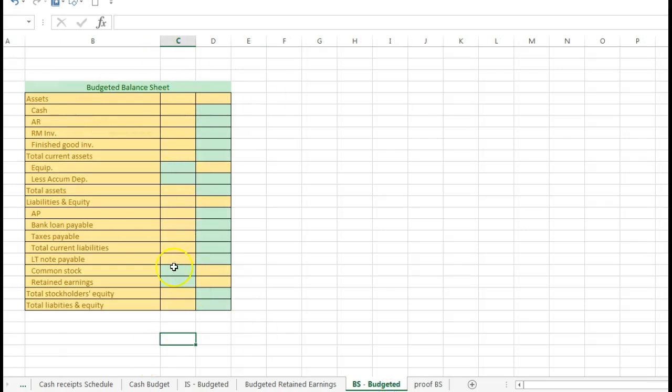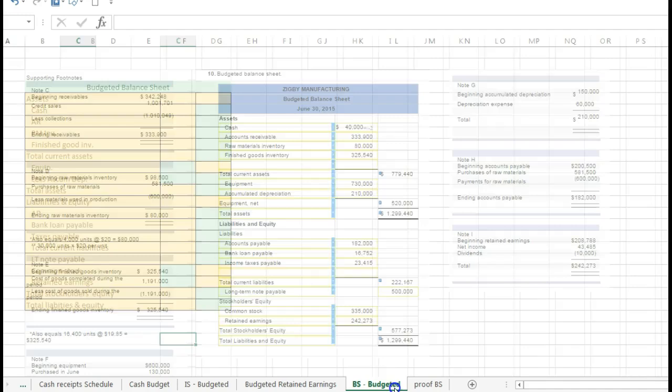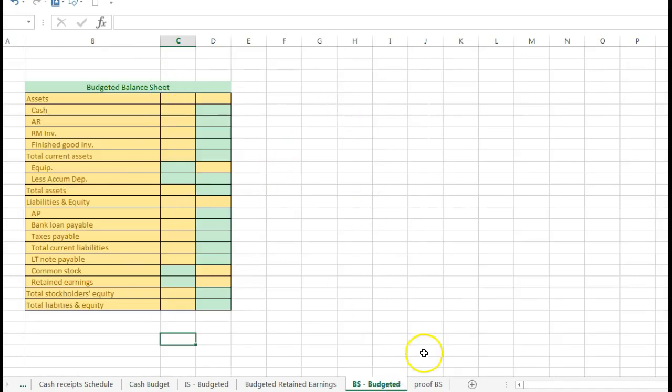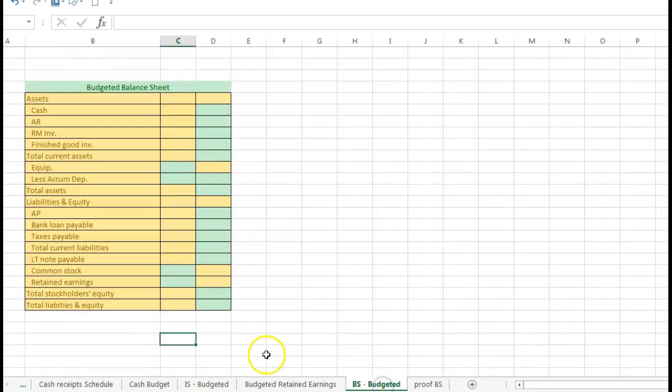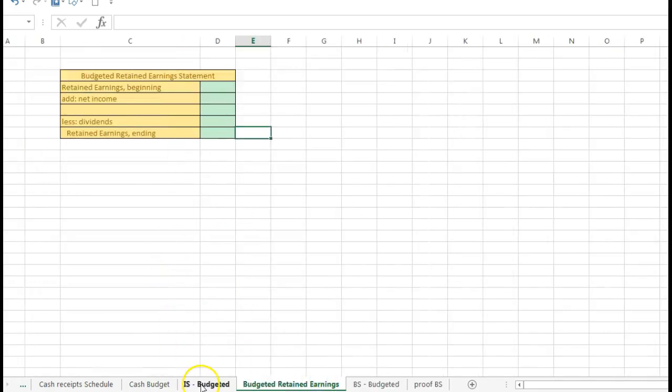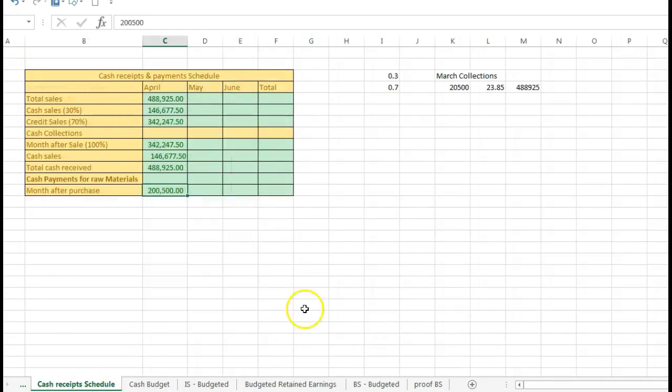Now, the glory of all of this is when you get all done, here's the balance sheet so you can proof the numbers. If you have all the numbers on here correct, then everything else is correct. This will tell you what area you will be wrong in if you make a mistake, so that you can go back and figure out what went wrong along the way.